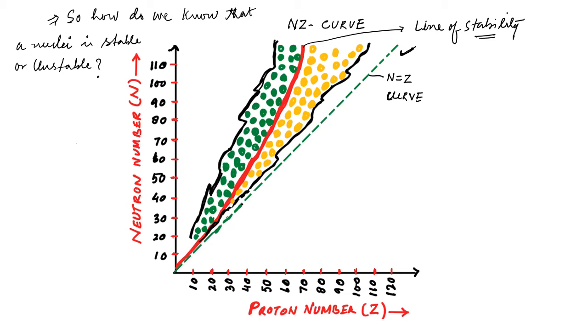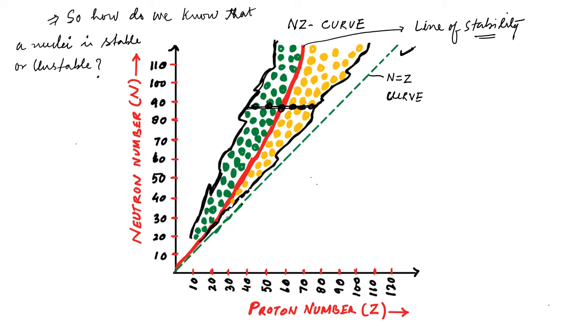If I draw a line like this, all those nuclei which lie on this line and cross the line of stability are the isotopes of the same nucleus.